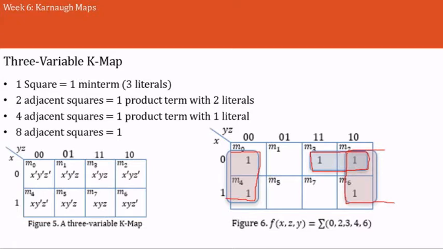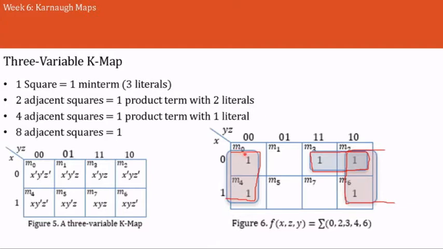But if you look at M4, the value of x is equal to 1. M0 has a value of x prime, and M4 has a value of x. Since there is a change in value from x to x prime, we are going to cancel x.